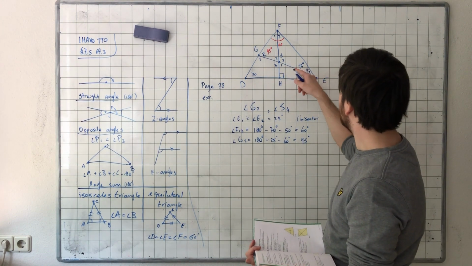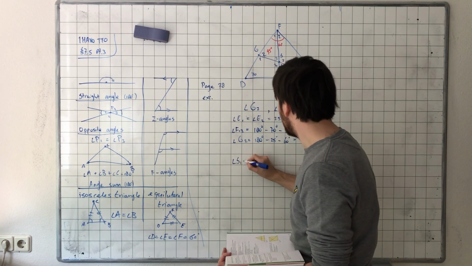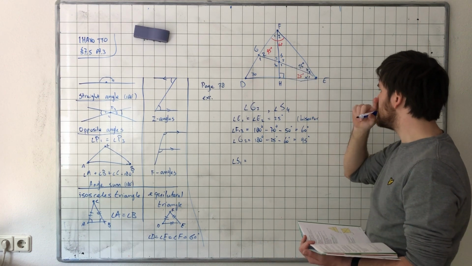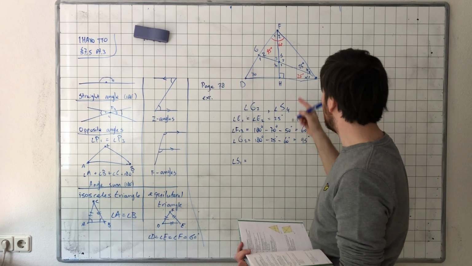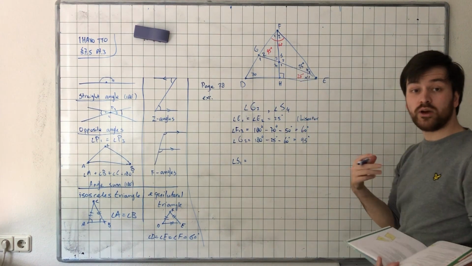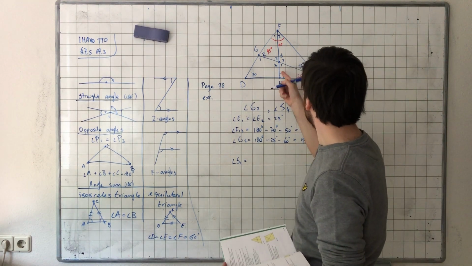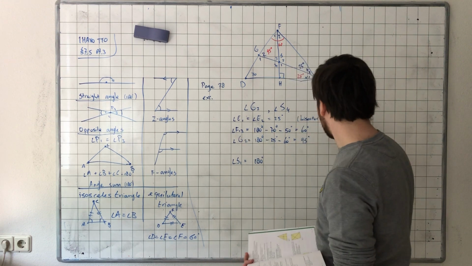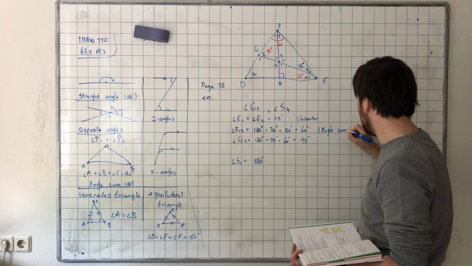What I'm also able to do is calculate angle S1. For angle S1, we can look at triangle ESH, and those three angles together should be 180, and we already know two angles, and whenever you know two angles you can calculate the third one. So angle S1 is 180 again, and one thing I noticed right now, I forgot to write down the things that I used.